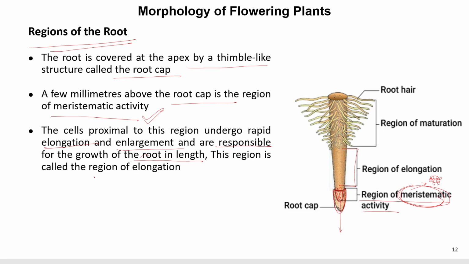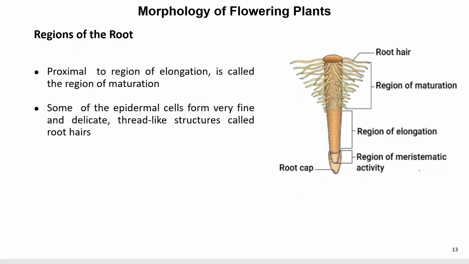So this particular part is called the region of elongation. In the root cap region there is a small region of meristematic activity, and above this there is the region of elongation. Next, the region proximal to the region of elongation is called the region of maturation.